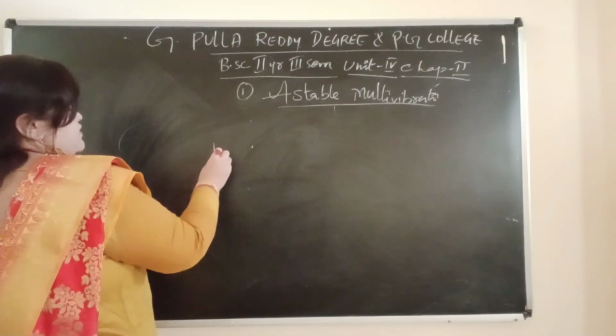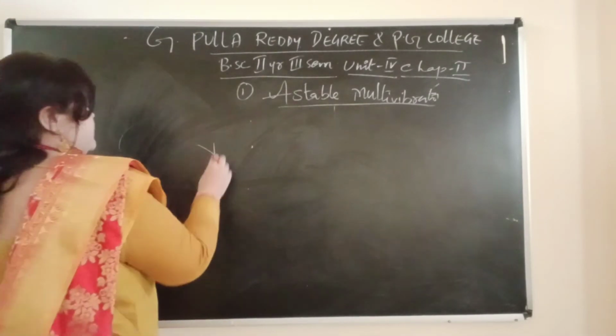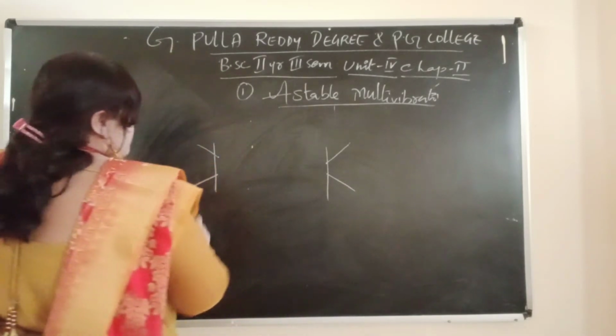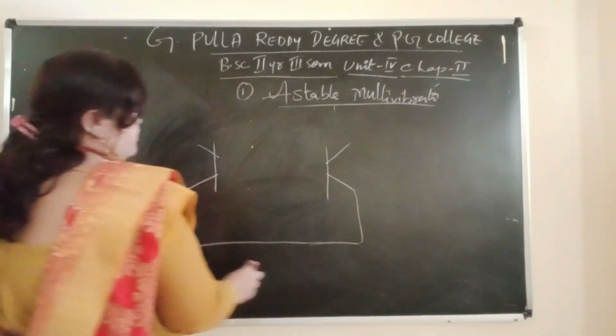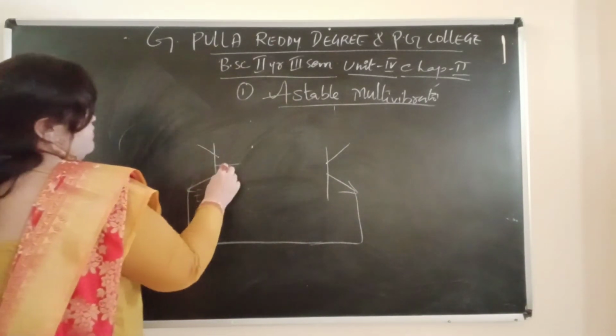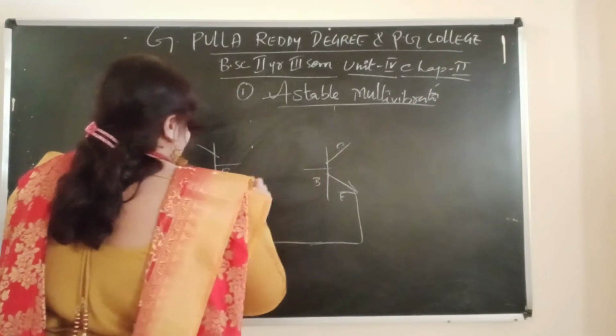So first I am drawing the transistor here. First transistor like this you should draw, and the second one like this. Join them. This is NPN, emitter, base, collector.